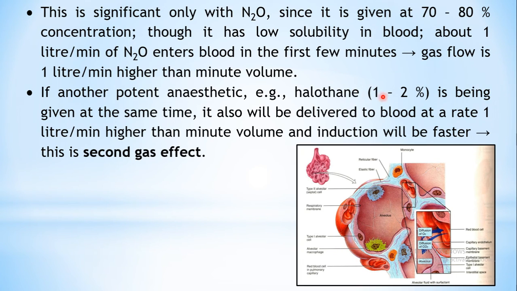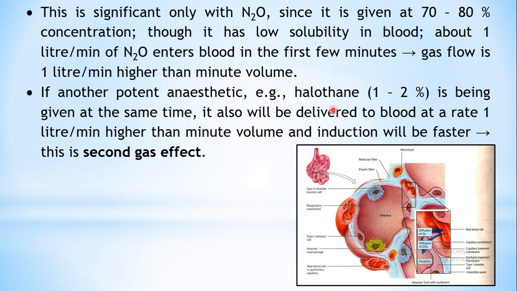So when you add one more drug to this, or one more vapor, actually this is not found in a gaseous form, it is a liquid form, so it will vaporize and vapors are administered. When halothane is added to this nitrous oxide, the nitrous oxide will carry this halothane at the same rate into your blood circulation. Though the amount of halothane is very low, nitrous oxide is entering at a fast rate.